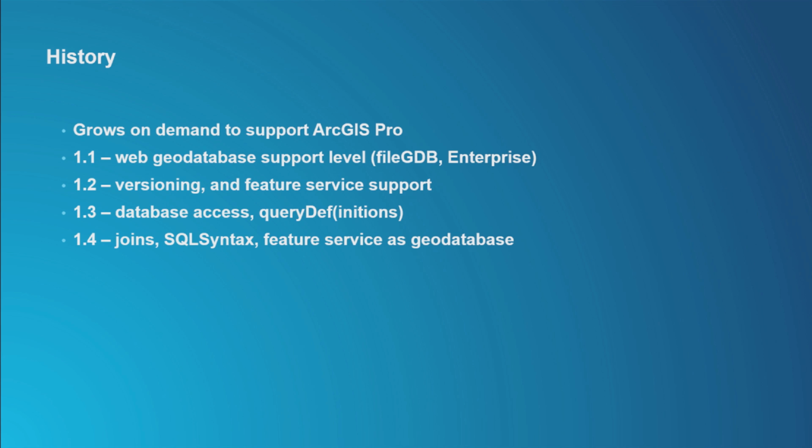At 1.3, database access, query definitions, 1.4, joins, SQL syntax support, and feature services as a geodatabase. So the point here is that it wasn't all there at the very first release, and we're continuing to iterate on it and add as ArcGIS Pro grows. And we'll continue that. As they add new functionality, we will add new capabilities.